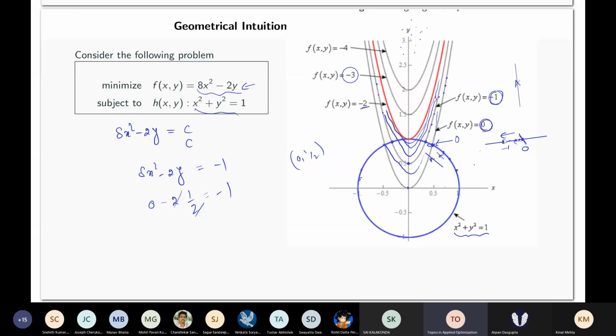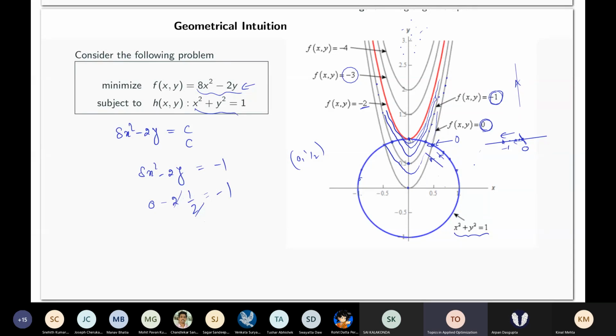So I'm getting a sense of how I have to move. I will keep moving, and what I find is that if I reach a point where the level curve just touches, that happens to be the point that gives me the least value.